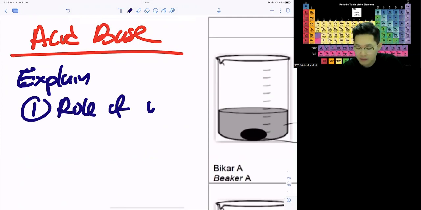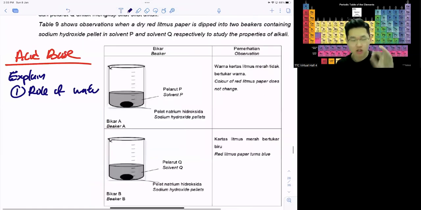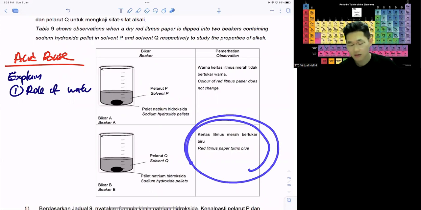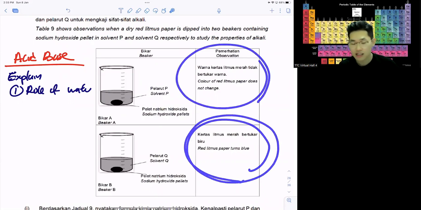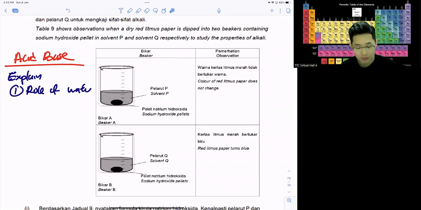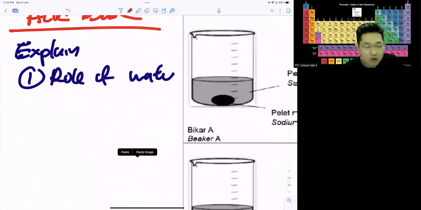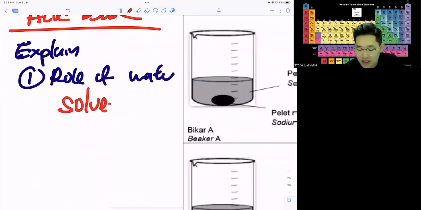Role of water. Role of water means got water, no water. What's the difference? Got water, then can ionize. No water cannot ionize. Can ionize, got property. Cannot ionize, then no property. This is called role of water. And usually in role of water question, they will ask you for solvent. Okay, later I will explain this.